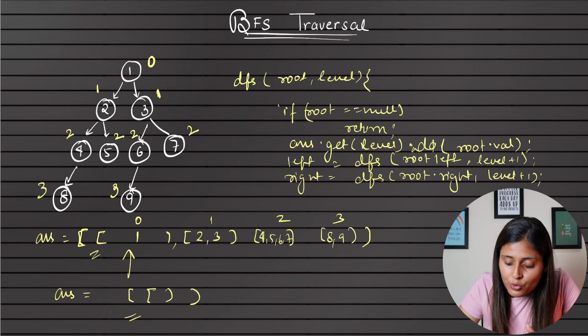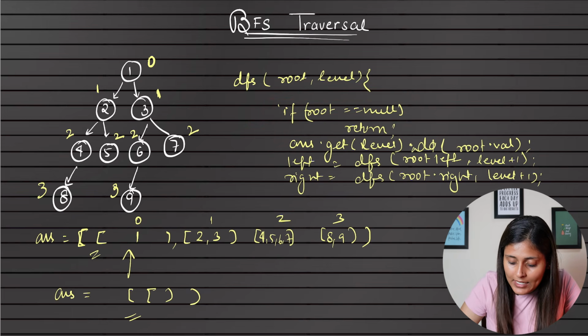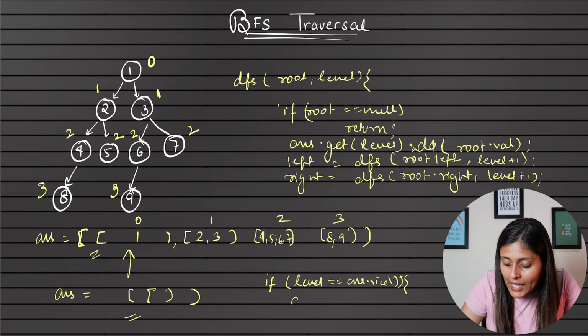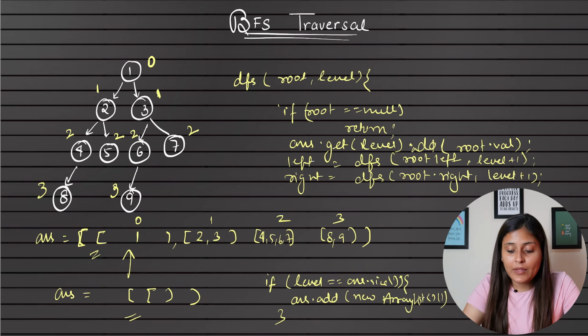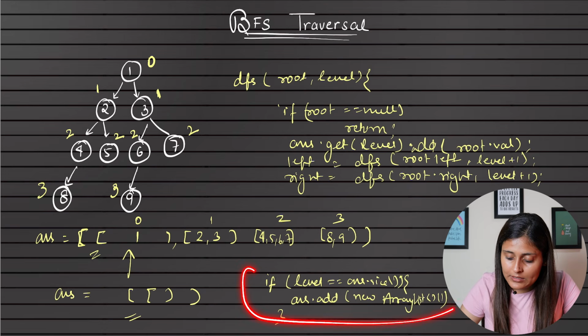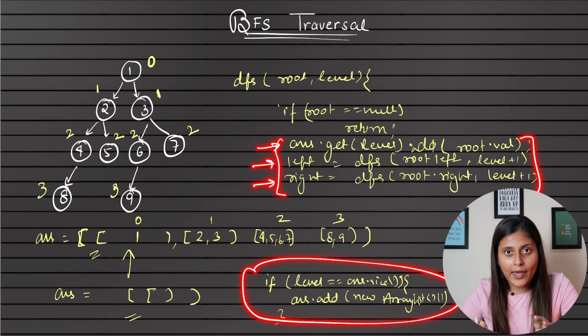So after this root null check, here we will add that extra line. What's that line? If level equal to answer dot size, we have to add in answer a new array list. That's it. And after this line we will write all these 3 lines of code. And that's it. I hope this is clear.